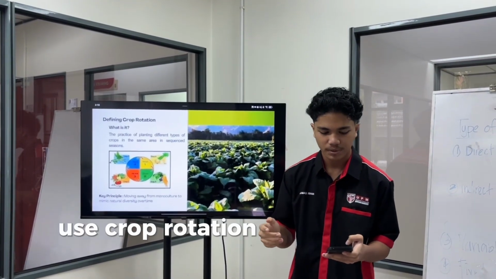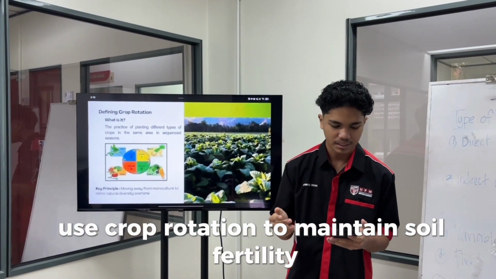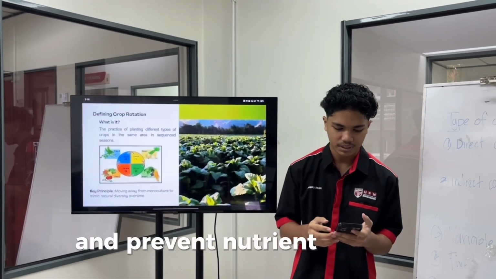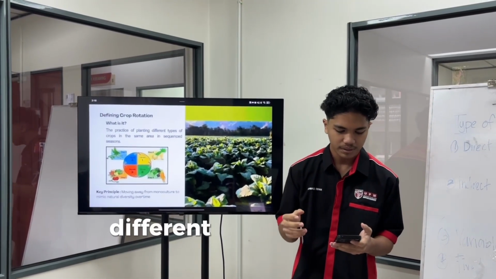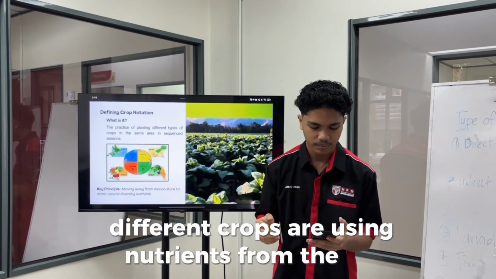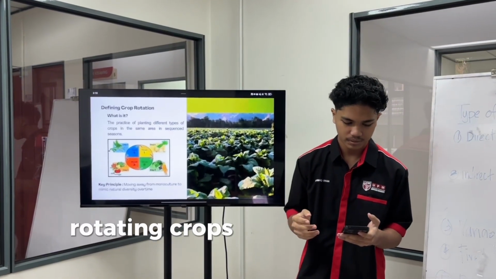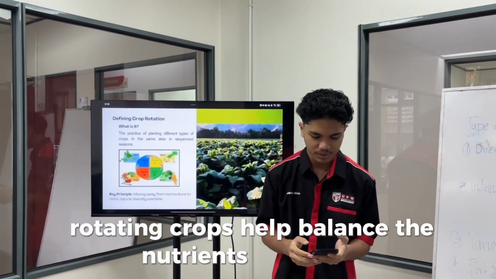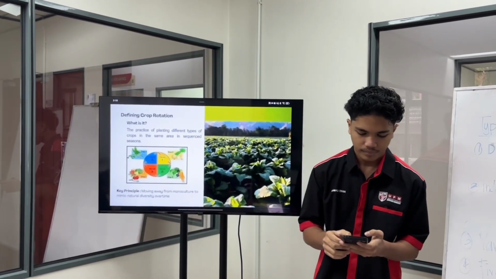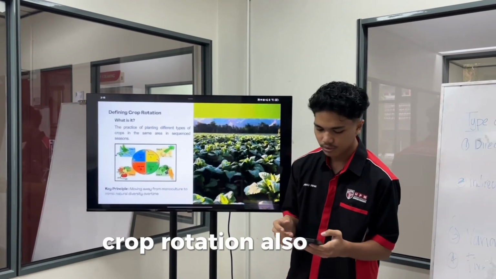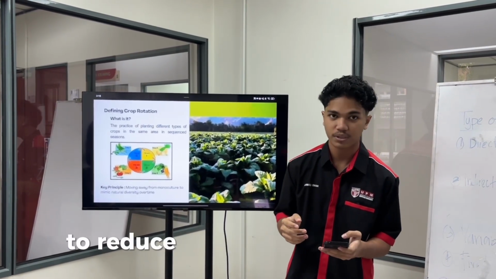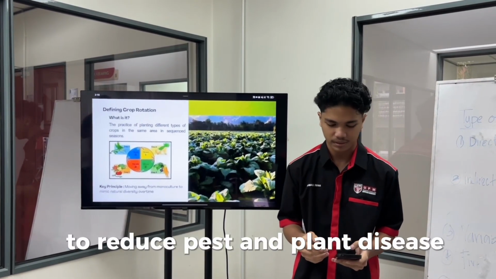Farmers use crop rotation to maintain soil fertility and prevent nutrient depletion. Different crops use different nutrients from the soil, so rotating crops helps balance the nutrients in the soil. Crop rotation also helps to reduce pests and plant disease.